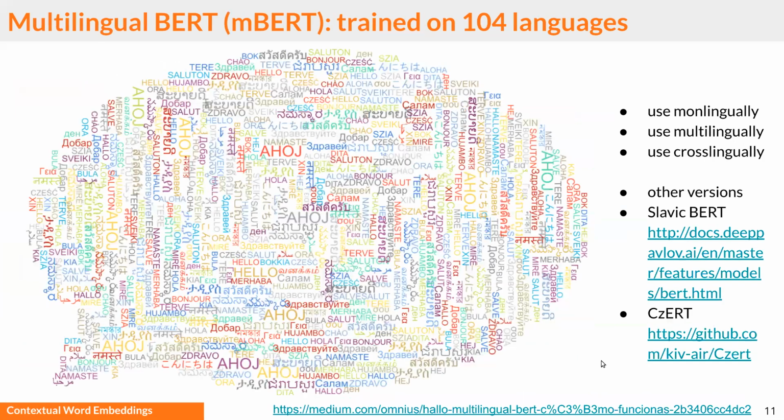The good thing is that from the beginning of BERT, a multilingual model has also been made available. A lot of the models are just on English, but there also exists something called multilingual BERT, usually shortened to mBERT, which has been trained on 104 languages.